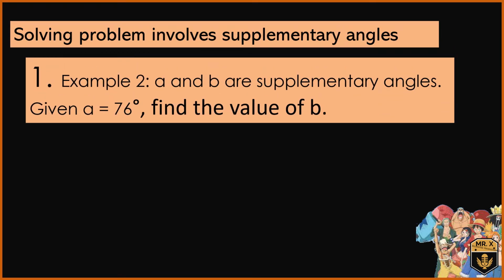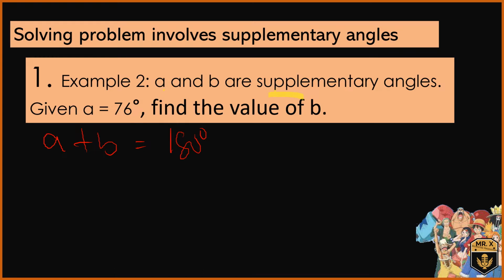Example 2: A and B are supplementary angles. Given A equals 76 degrees, find the value of B. Now, A and B have the relationship of being supplementary. So A plus B equals 180 degrees.